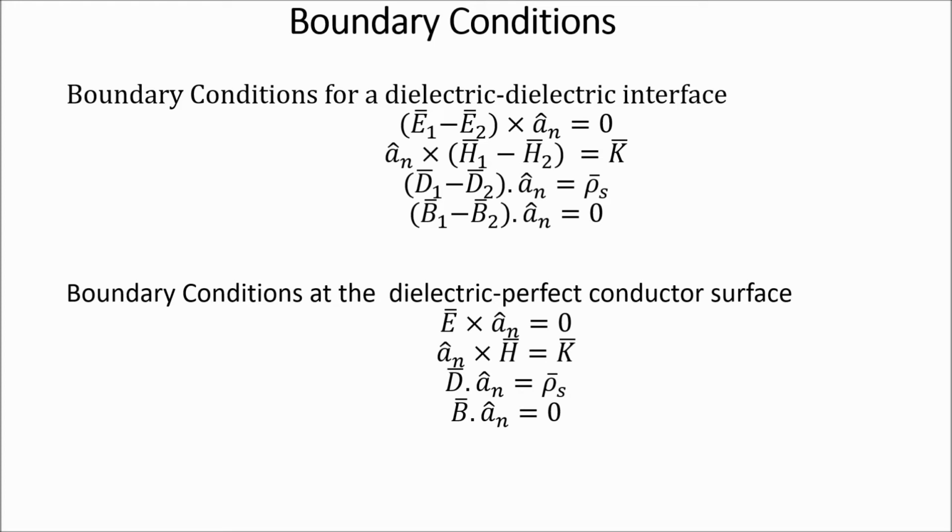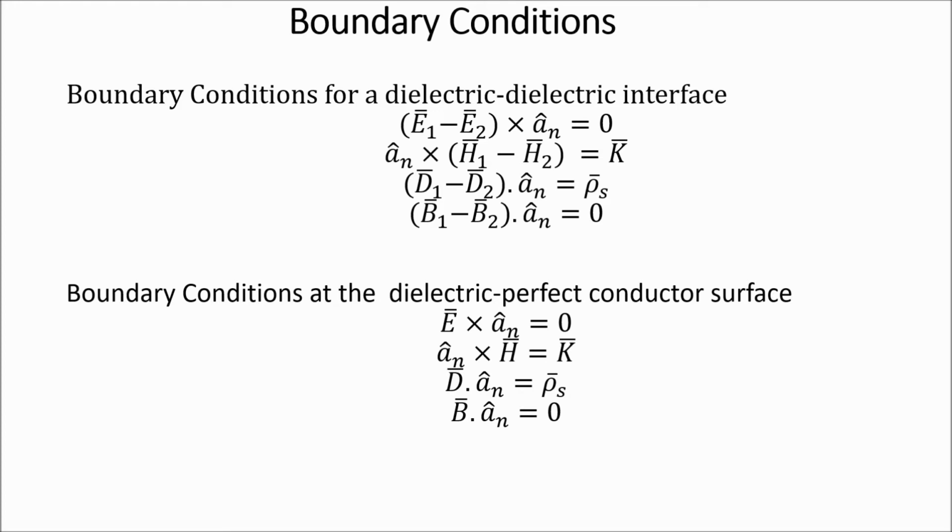So therefore we get the boundary conditions for the dielectric and good conductor or perfect conductor interface. That is, E cross a_n, the tangential component of the electric field, will be 0, and the tangential component of the magnetic field will be equal to the surface current.